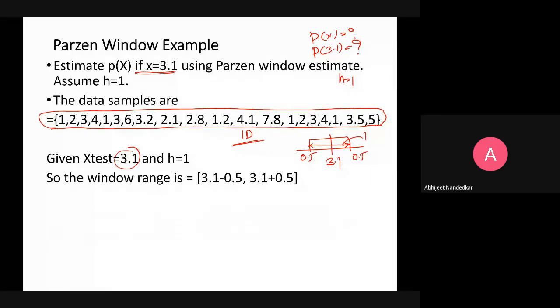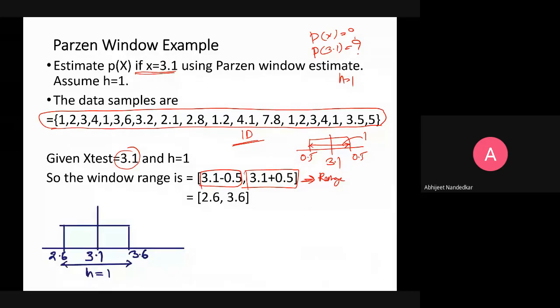So 3.1 minus 0.5 to 3.1 plus 0.5 is the range of this window. So it will be 2.6 to 3.6.